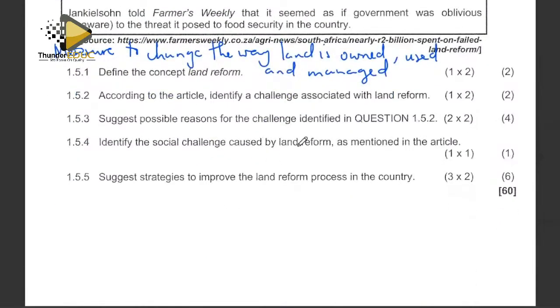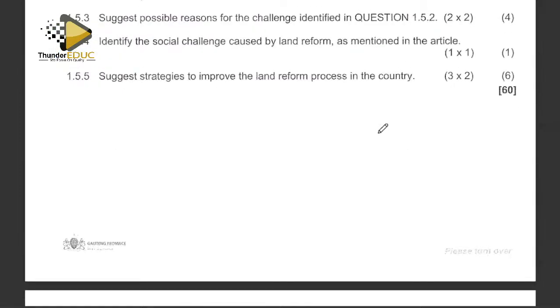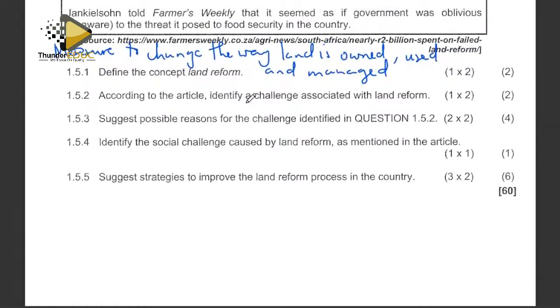All right. Suggest possible reasons for the challenge identified in the question. What are the possible reasons for the challenge? Why are those farmers not utilizing the land for commercial production, or for the intended purposes? You can talk of budgetary constraints.